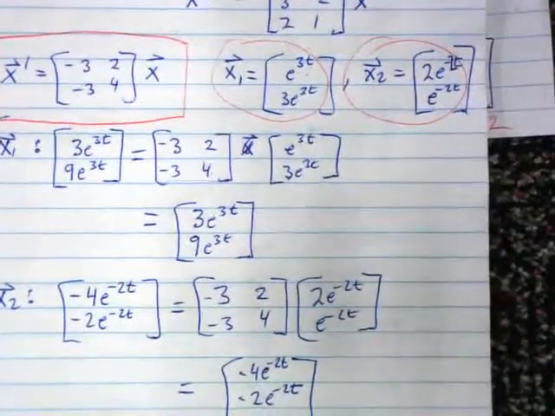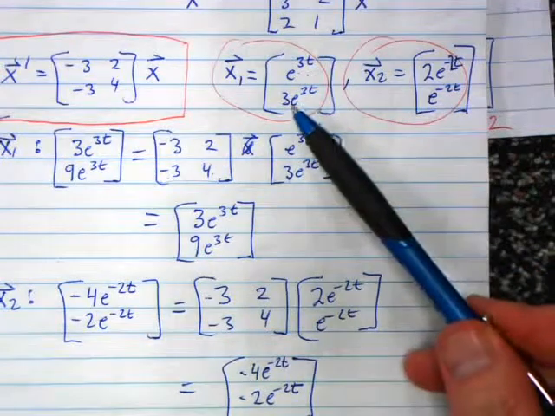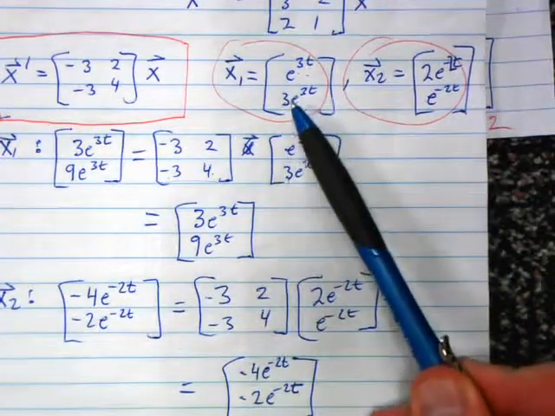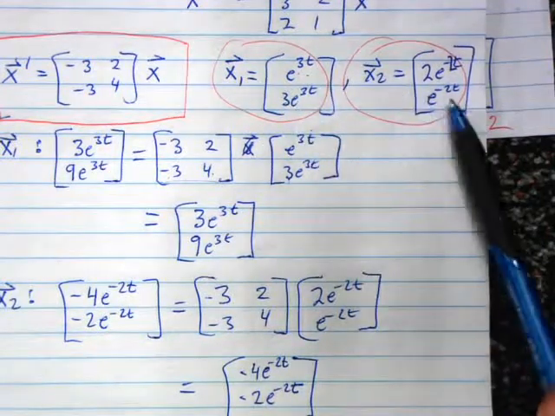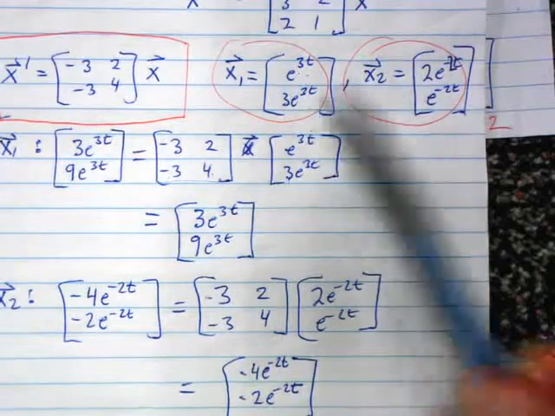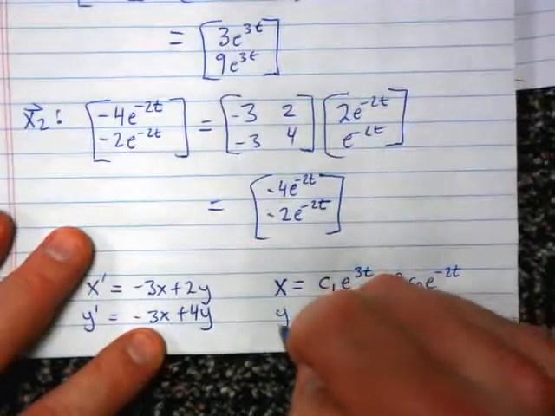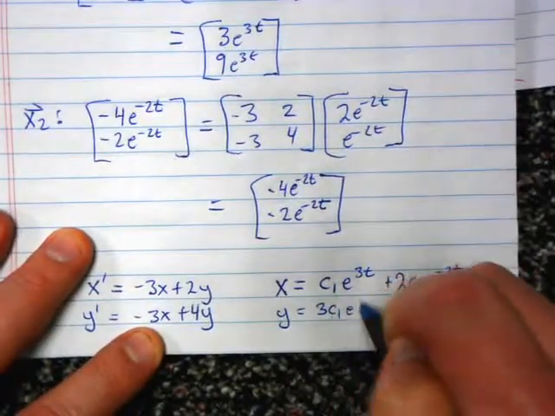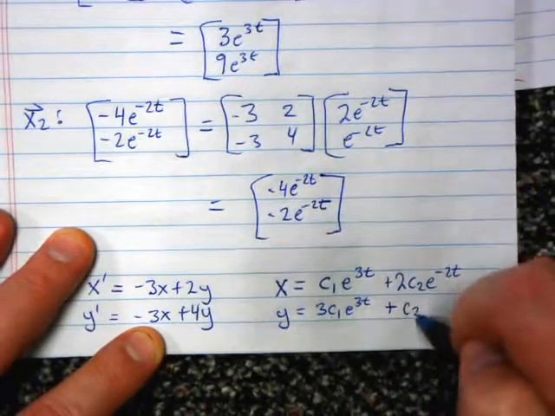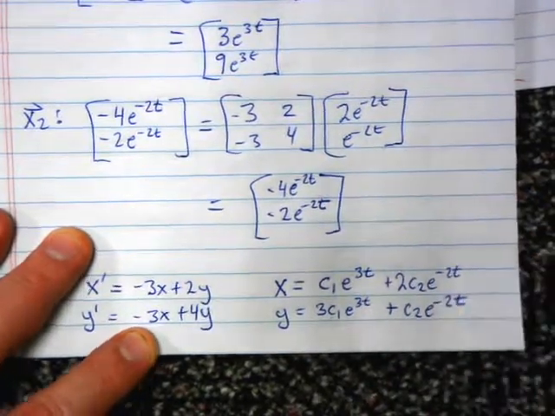And then what would y be? Y would have an e to the 3t and an e to the negative 2t also. It would have 3c1 e to the 3t plus c2 e to the negative 2t.